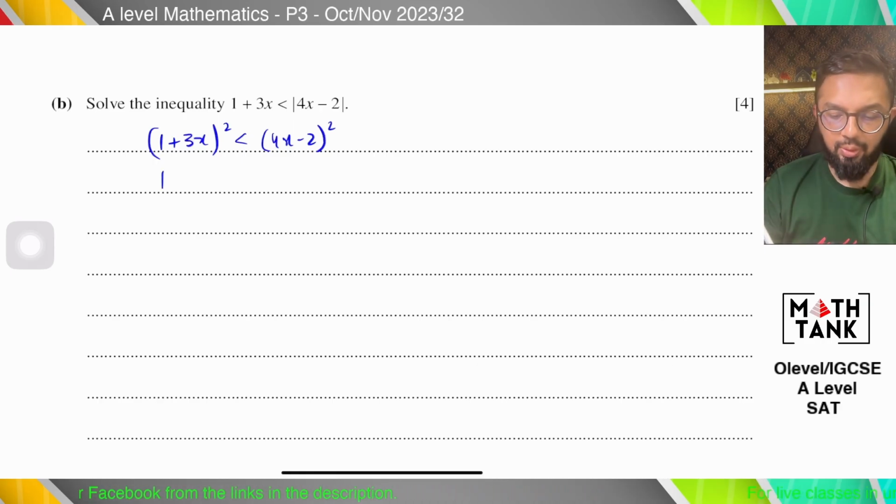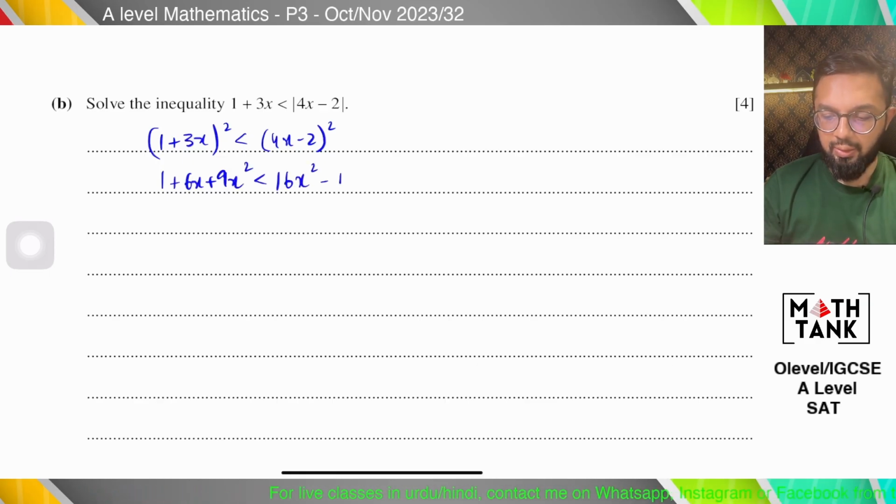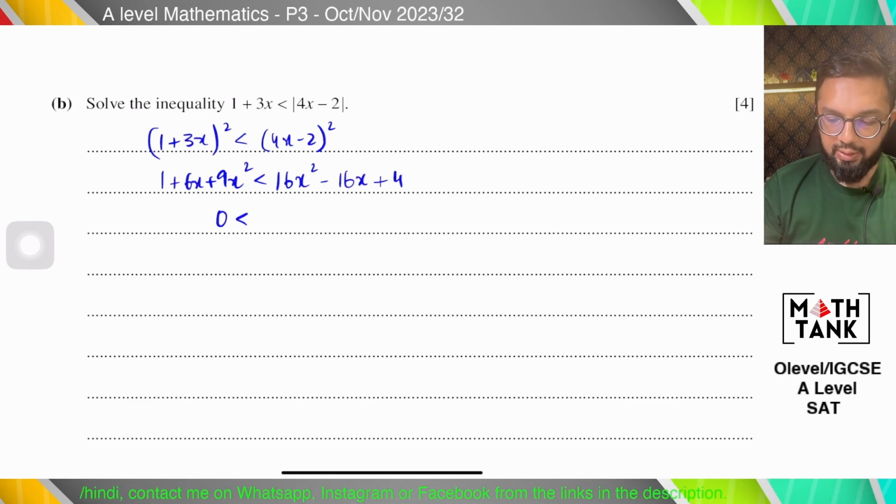That's absolutely your call. 1 plus 6x plus 9x squared is less than 16x squared minus 8 into 2 is also 16x plus 4. Moving everything to one side gives me 7x squared minus 22x plus 3.